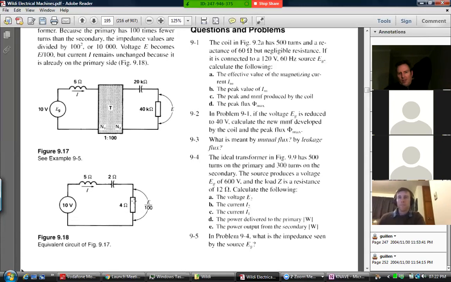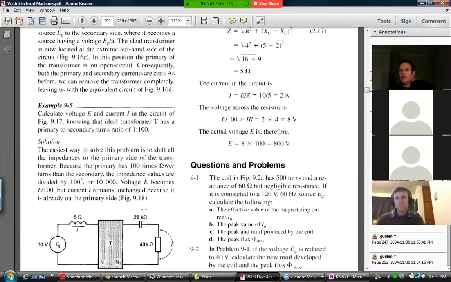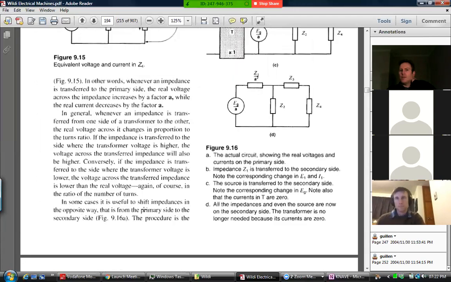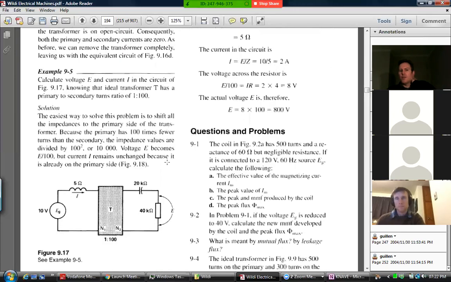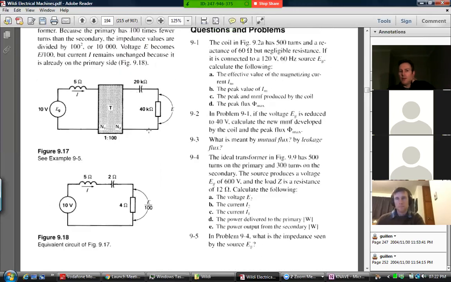So whatever you measure there, it's related to this one. It's not the same though, because it will be A times higher. So you're going to divide by A to get back to what it will actually be over here.